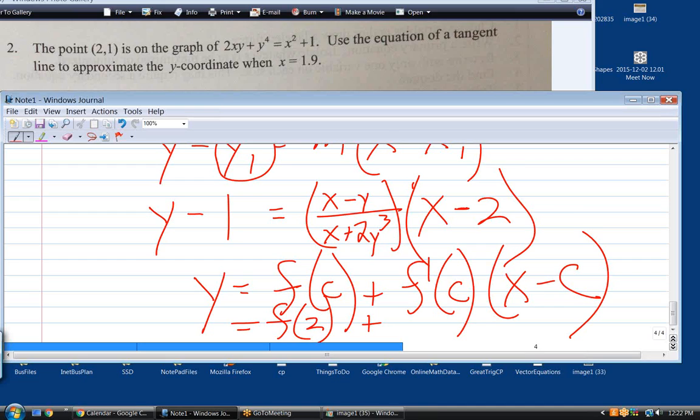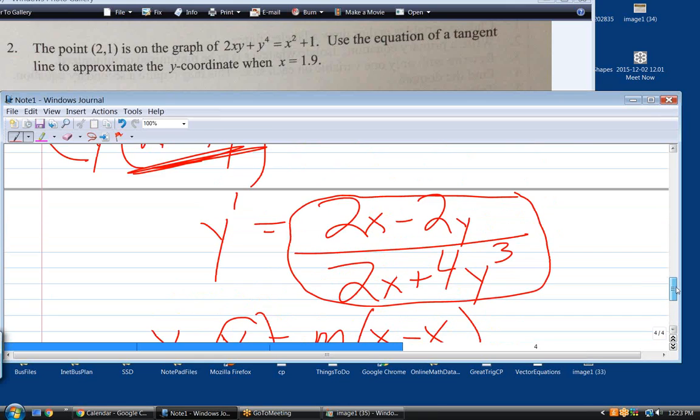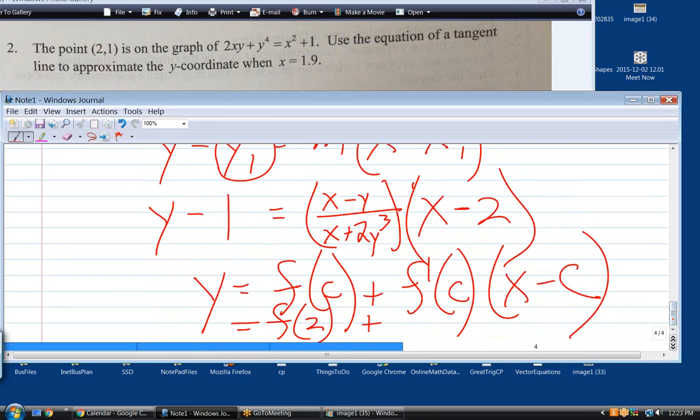That's not so easy, because F prime ends up being a function of x and y. Perhaps I can substitute the x value of 2 and the y value of 1 to solve for f prime of c.